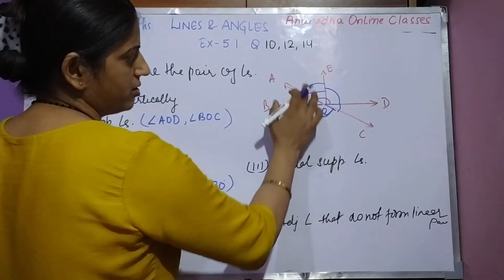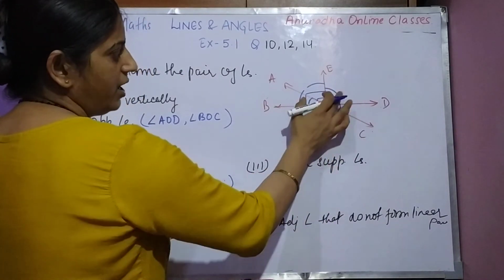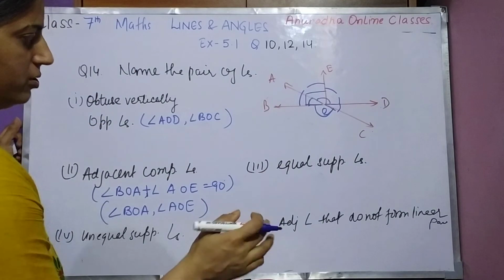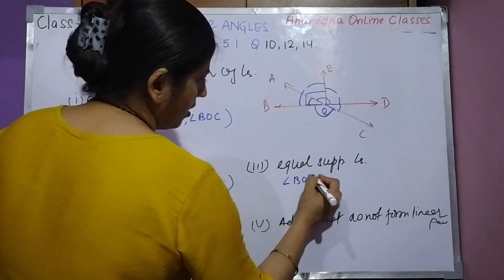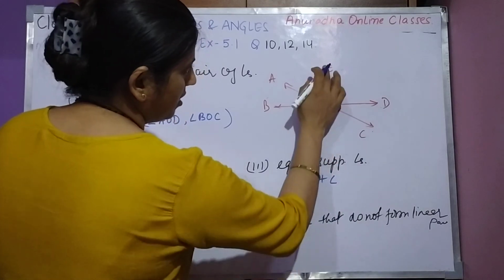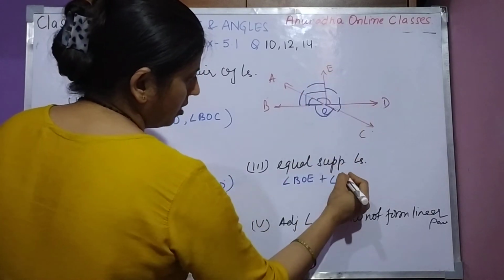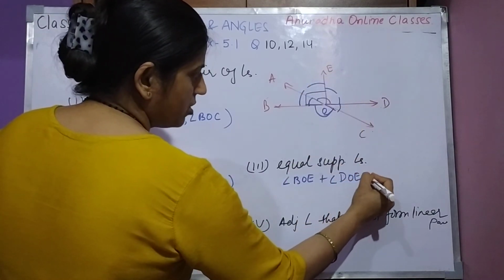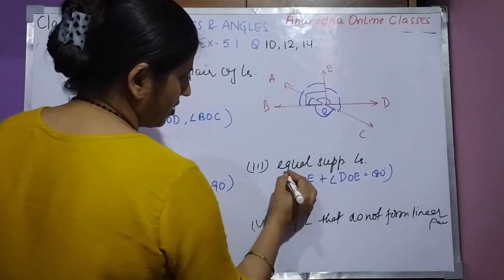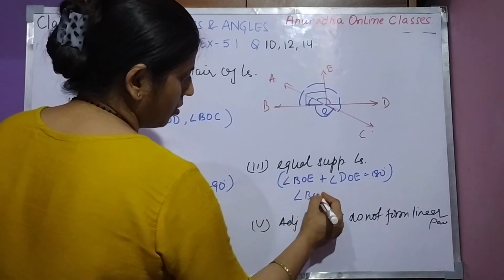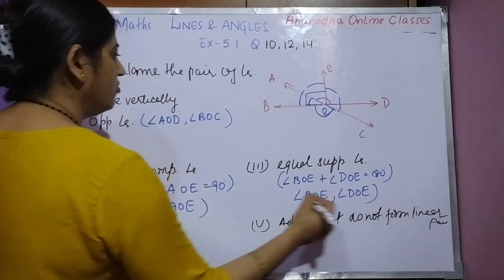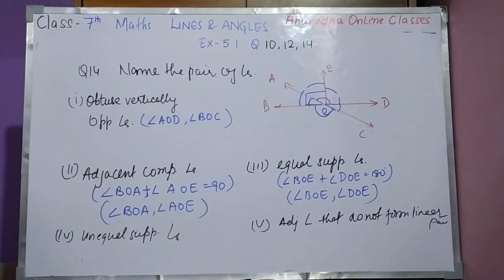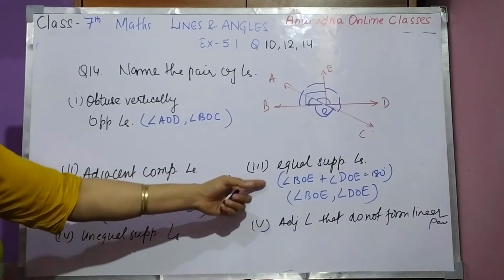Equal supplementary. 90 and 90 are equal and they are supplement of each other. So we can write angle BOE plus angle DOE is equal to 180 degree. That is why we can say angle BOE and angle DOE are a pair of equal supplementary angles. Reason also I have written down here.